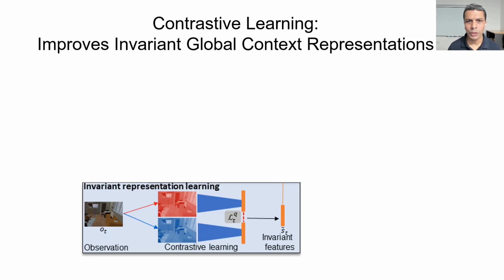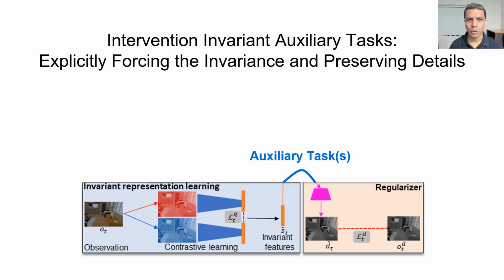Now, I'm going to explain four major components of our proposed model ReCoRe. The first component is a contrastive learning technique, which improves invariant global context representation. The second component, which is also the major contribution of this paper, is the intervention-invariant auxiliary task, which explicitly enforces the invariance as well as preserves the local details.